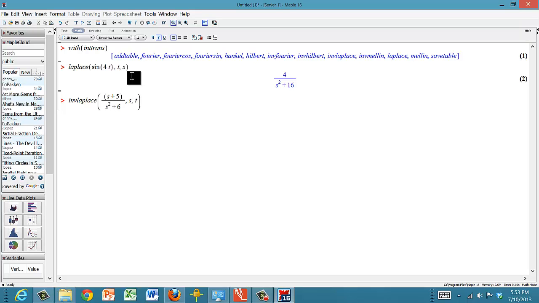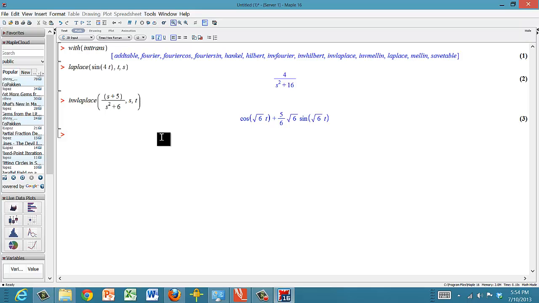I'd like it turned into a function of t, so I type s comma t. And Maple tells me that the inverse Laplace transform is that thing, which is correct. Okay, so Maple can calculate Laplace and inverse Laplace transforms for us. Don't forget to import the int_trans package before you try.